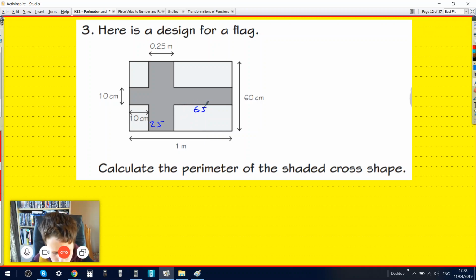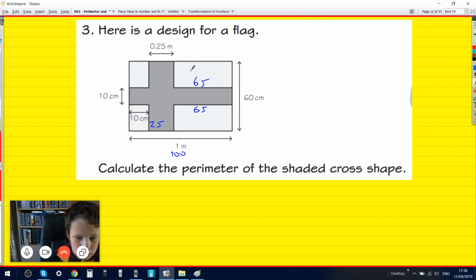So you see here how I did this bit down here. We said this bit was 25 across. This bit is 10 across. We know that in total it's 100. And so this part must be 65, because 65 plus 35 adds up to 100. Maybe that's just an easier way of doing it.